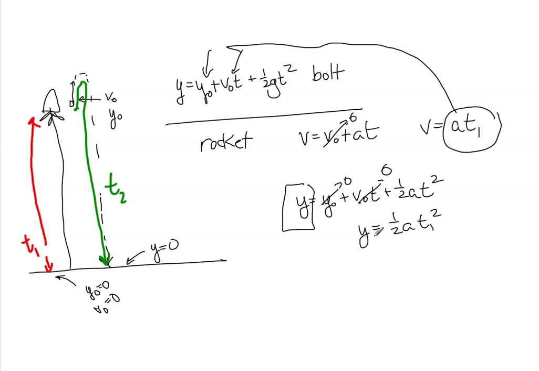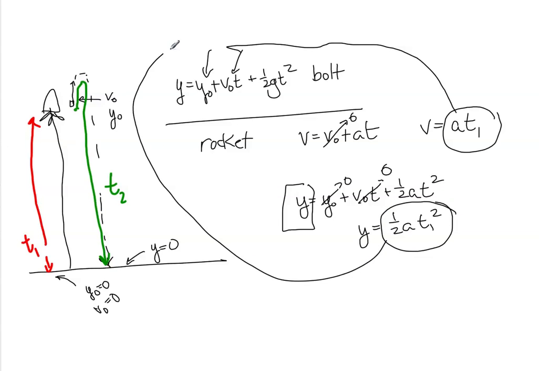This y is going to become this y0. And so then when we rewrite that equation with those things in there, we get y equals 1/2 a t1 squared plus a t1 t plus 1/2 g t squared.